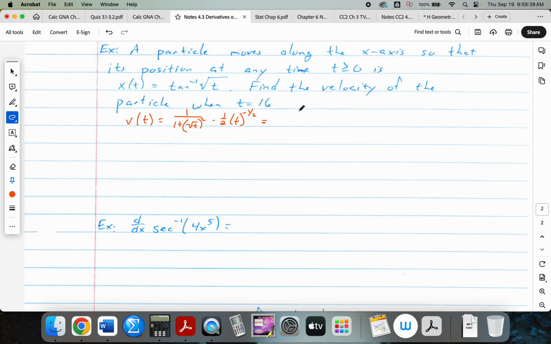If we simplify that, and you don't have to simplify it, you can just go ahead and crank the numbers if you want to, but this would be 1 over 2 square roots of t times 1 plus t. And this is part of why, as I told you earlier, doing antiderivatives is more difficult. When you look at this, it doesn't look very much like the arctangent derivative, where it's just 1 over 1 plus something squared.